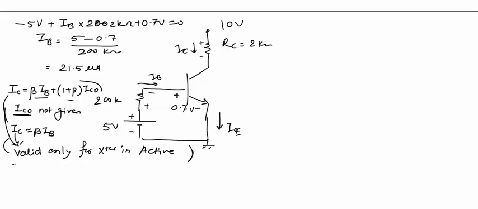So now using this equation we can calculate IC is equal to beta, which is given as 100, into this IB, 21.5 microamperes, which will be equal to 2.15 milliamperes.